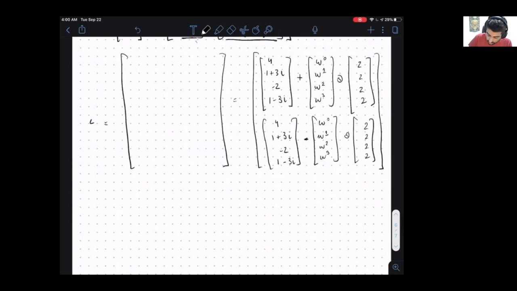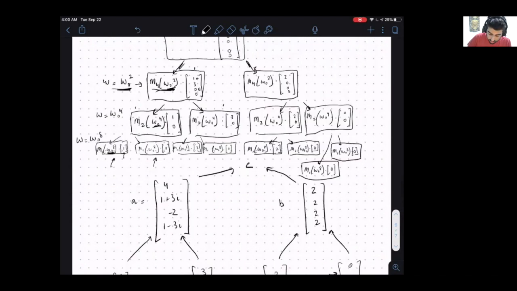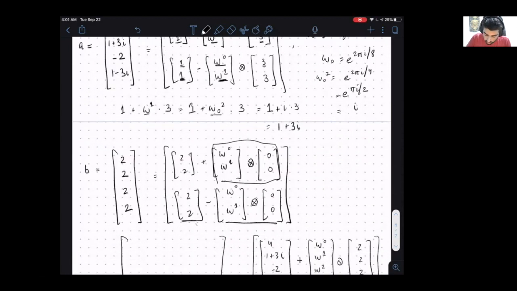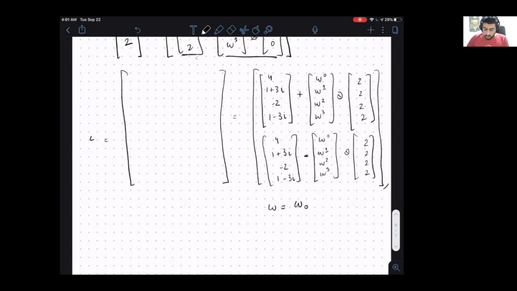And in this case, omega is actually equal to omega naught, because we're at the very top of this recursion. And over there, we said that the omega that we're using in the formulation of the M8 matrix is going to be omega naught, not omega squared or omega to the fourth, just omega naught. So that's the omega that we'll be using. And the final thing that we have to do is just combine these two matrix formulations together.